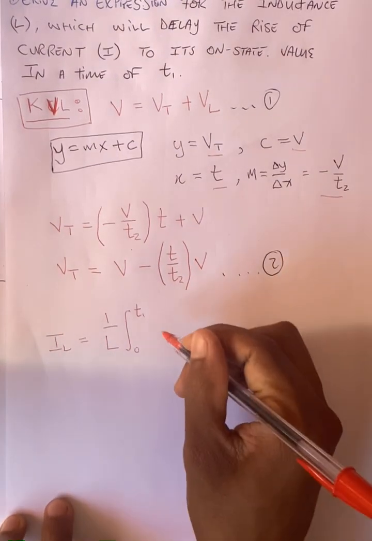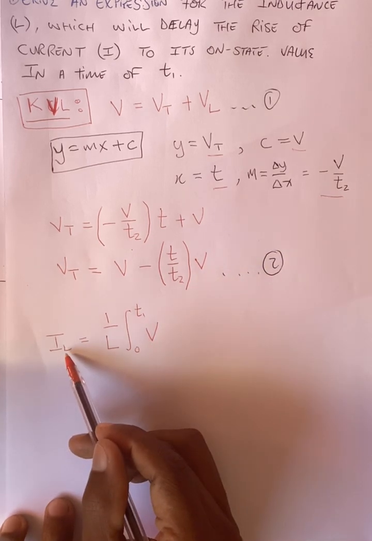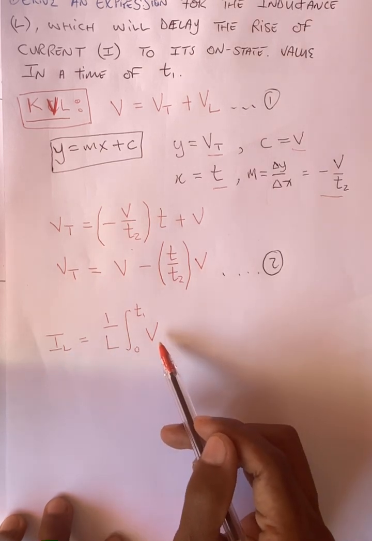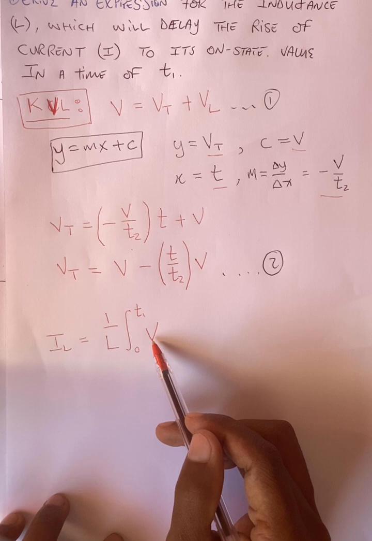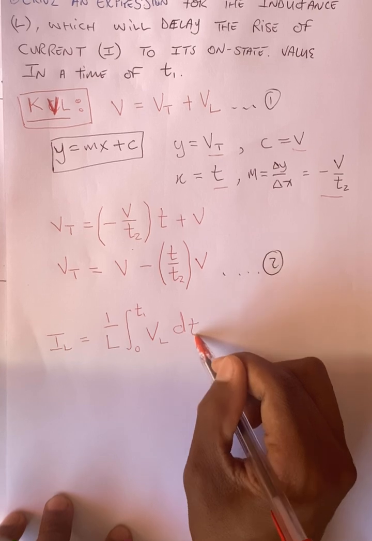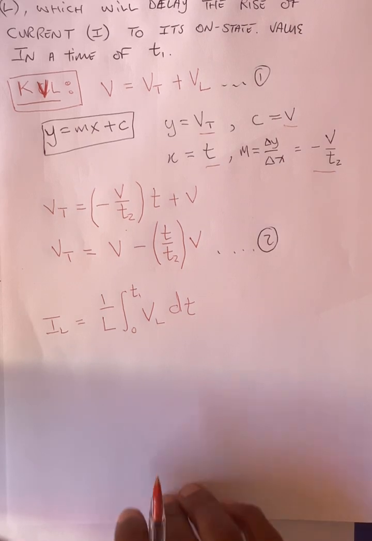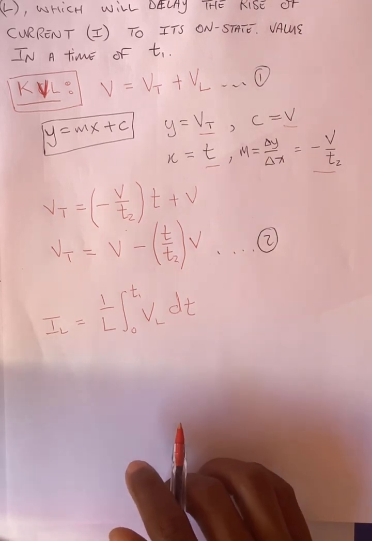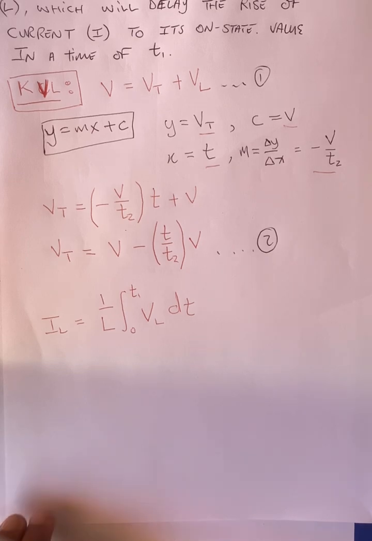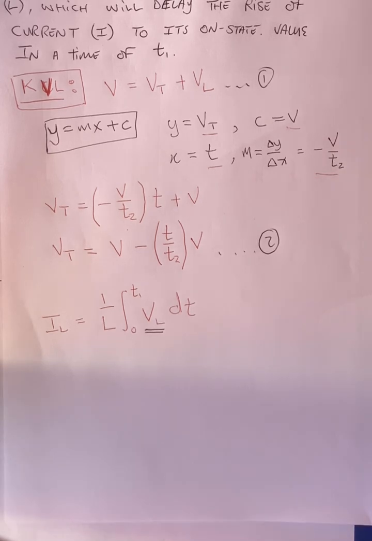Right, so as we proceed, if the current is described via the inductor, then the voltage should also be described as a function of the inductance, meaning VL, and that obviously dt. Now what's going to happen is we are going to substitute values, partly to replace VL in this equation.